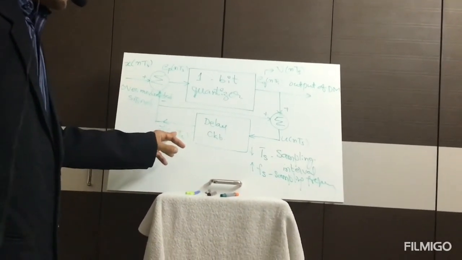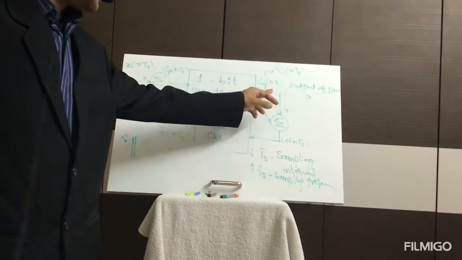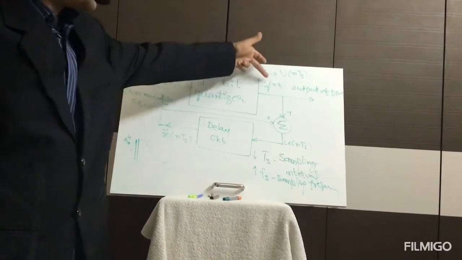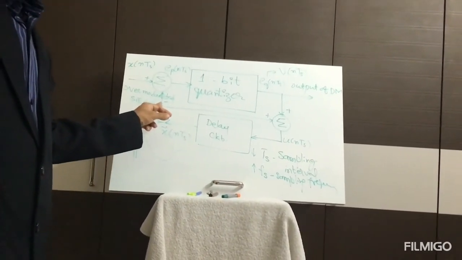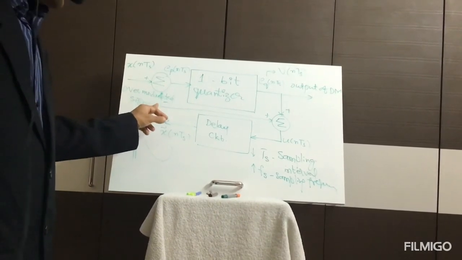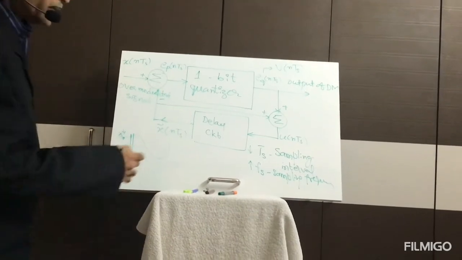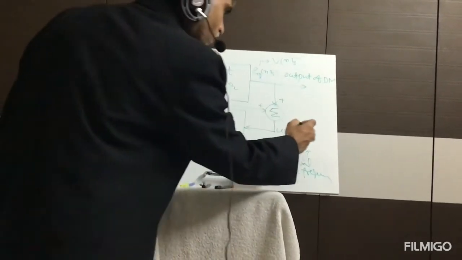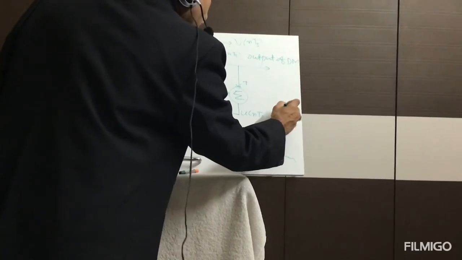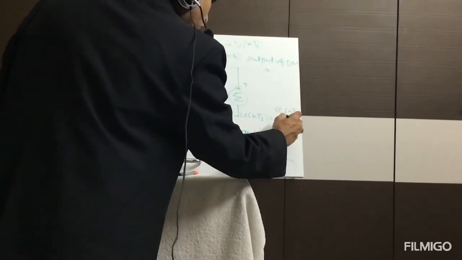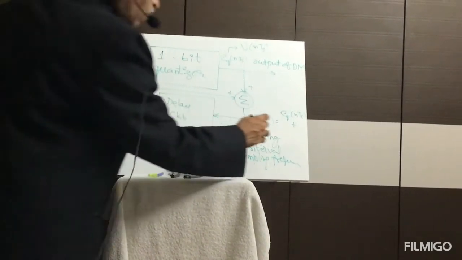The delay circuit is given the input from the summer, which has two inputs in turn. One is the output of the delta modulator, another is the previous sample. The sum of these two is taken to be u of nTs. What is this u of nTs? One is e_q of nTs plus, what is the other input here? That is x tilde of nTs.